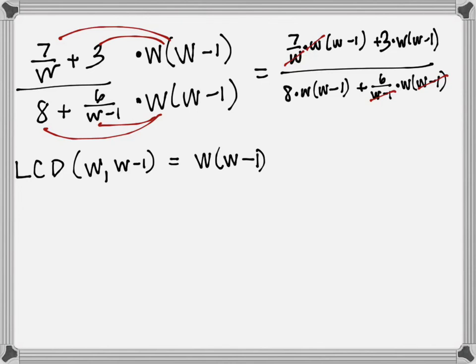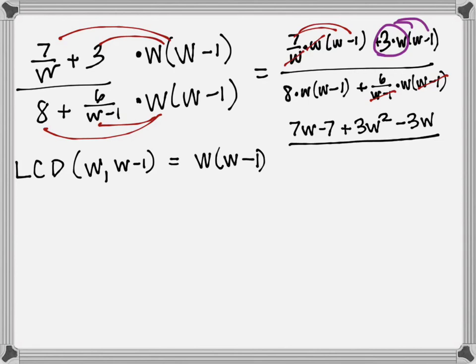What I do have now, though, is I have to multiply the 7 through here. So that's 7W minus 7. And this is 3W, and I can distribute it through here as well. 3W times W is actually 3W squared. And then 3W times negative 1 is negative 3W. The denominator is much like that.